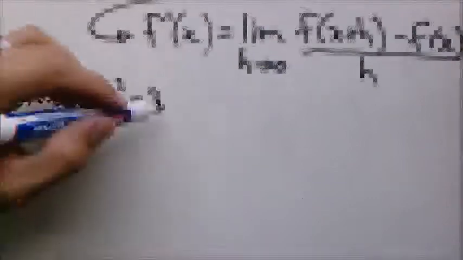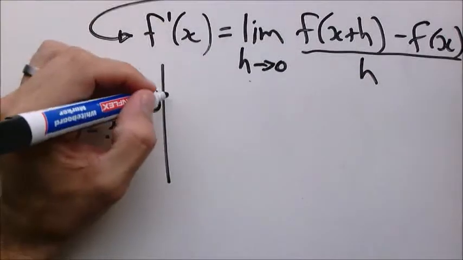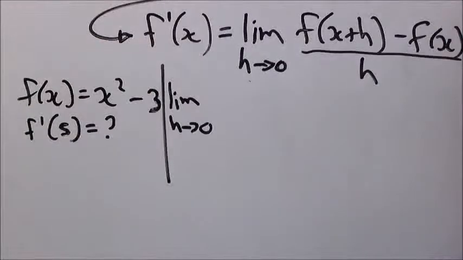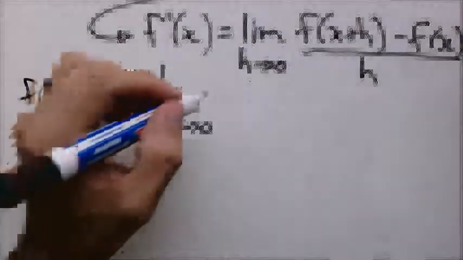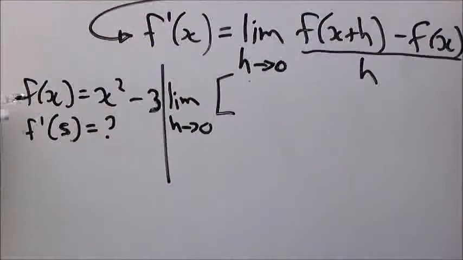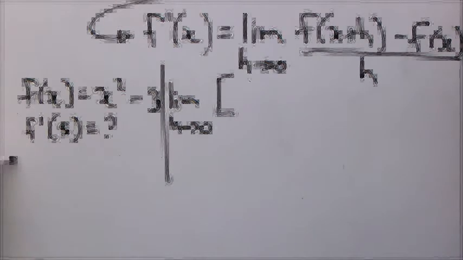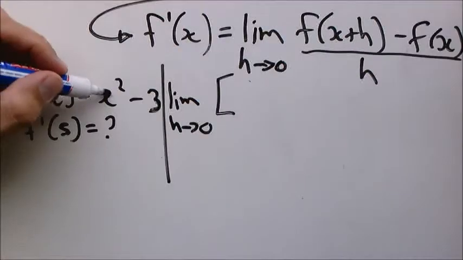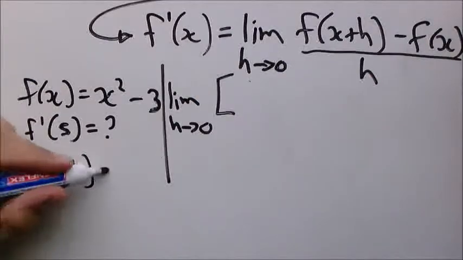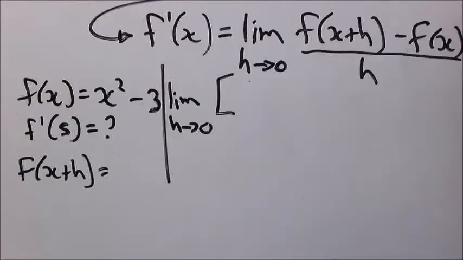So first things first, remember you have to write down the limit as h approaches 0 every time. And wherever, just to explain, this is now f(x), so wherever there's an x, you have to put in x plus h, now with the first expression, okay?